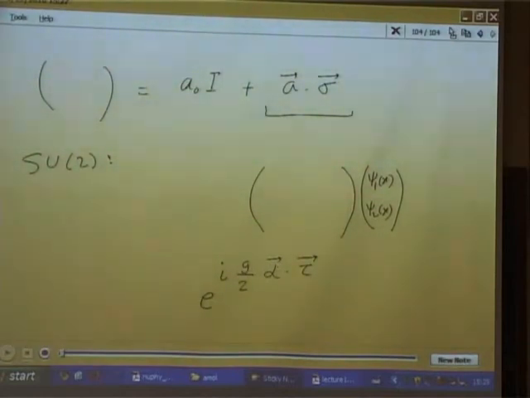See, earlier for U1 we had e to the power i g prime by 2, and we had alpha which was a function, and instead of tau we had Y. So particles were eigenstates of Y. Now our particles are eigenstates of tau. Of course you can't have simultaneous eigenstates of tau 1 and tau 2, but say tau 3. Tau 3 is what we call weak isospin.